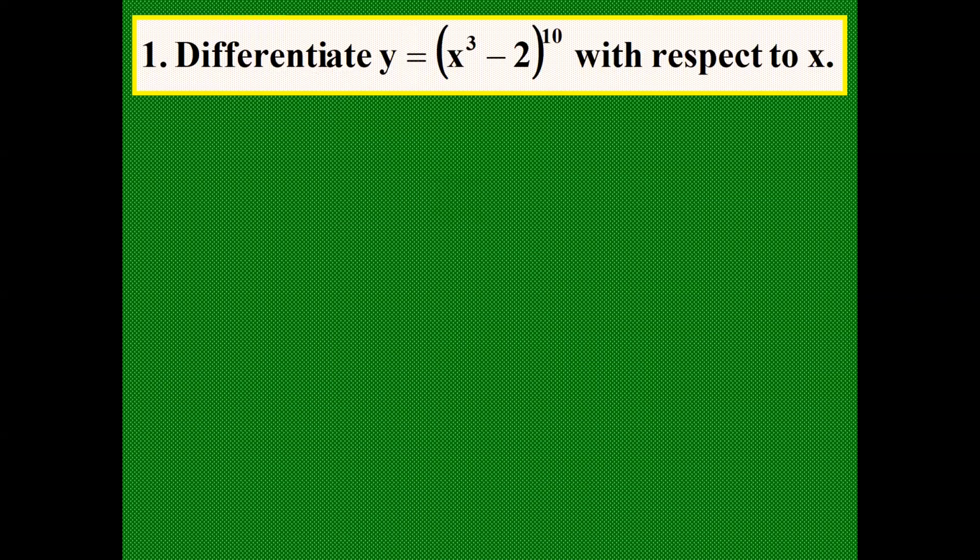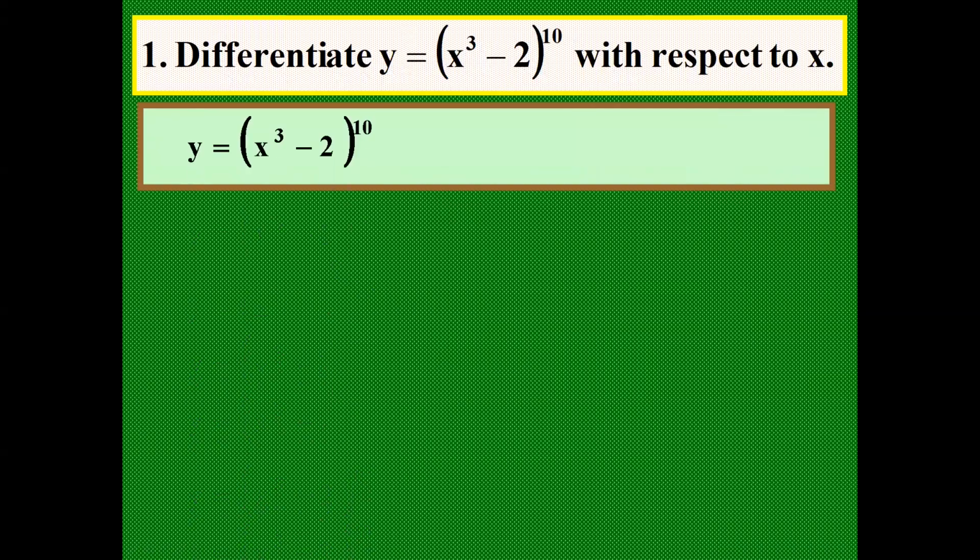Okay, let's check this out. Now, this question asks you to differentiate y equals to something power of 10 with respect to x. So what you need to do is, in our first step, I will try to find that power. But here, for this case, the power is already given to you, which is 10.